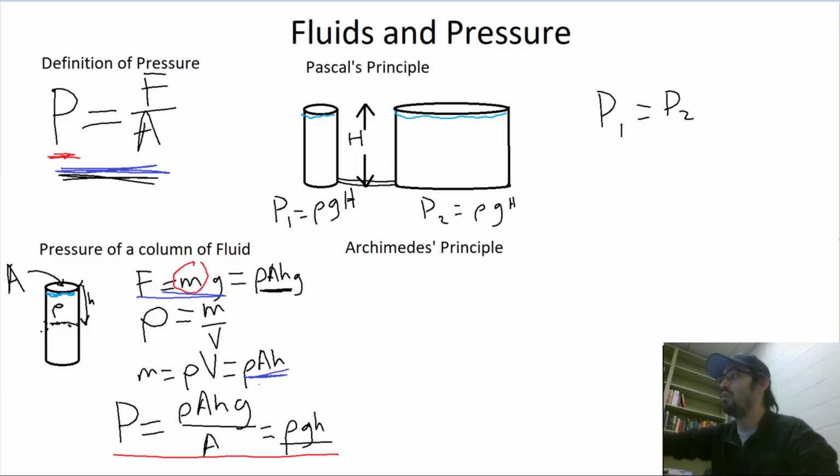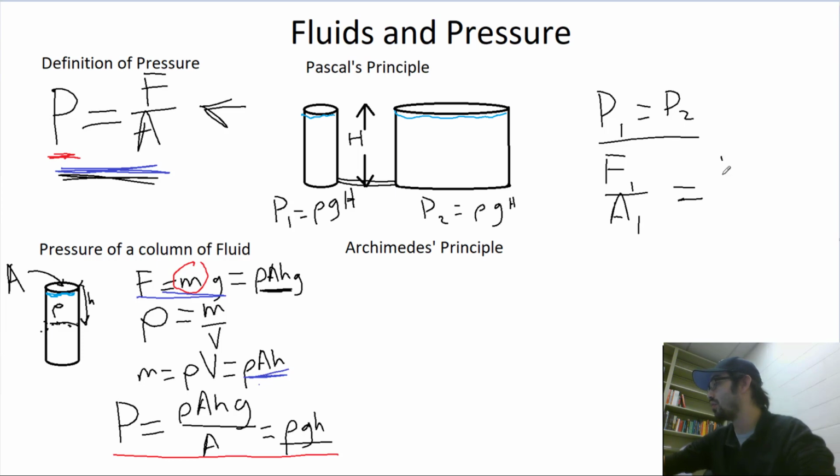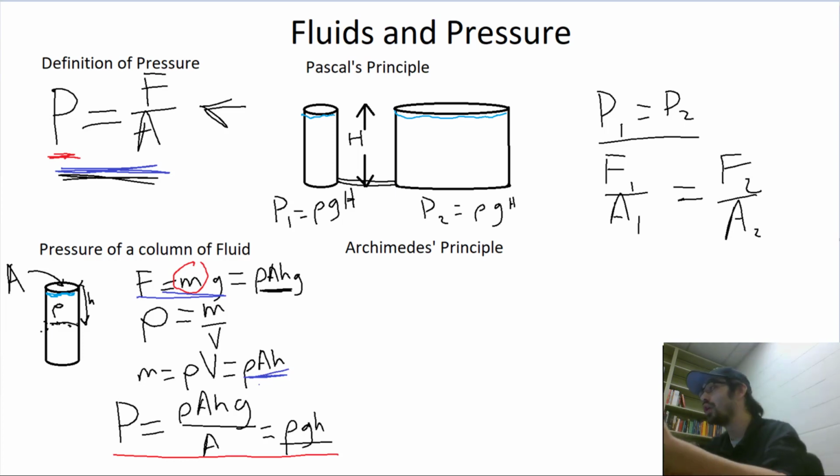And so what we can do is combine what we found here with our original equation for pressure to say that the force for 1 divided by the area of 1 is going to be equal to the force for 2 divided by the area for 2. This is really interesting because the pressures are going to be the same for both of these containers.